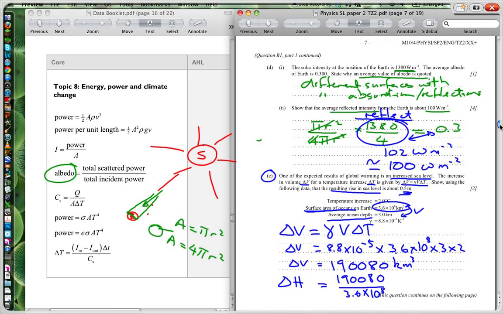If I divide that, I get 5.28 times 10 to the negative 4, but that will be kilometers. Now we know that there are 1,000 meters in a kilometer, so this is going to be 5,280 meters times 10 to the negative 4, or about 0.5 meters.